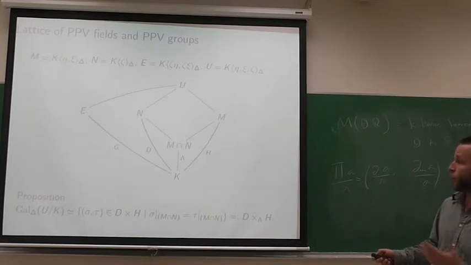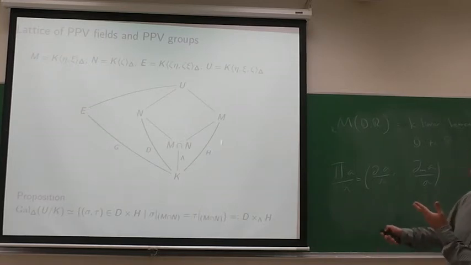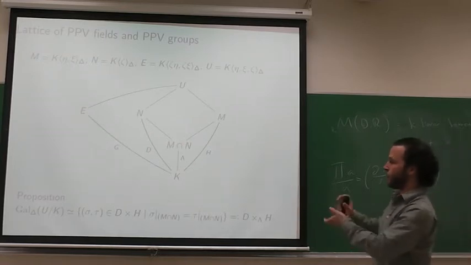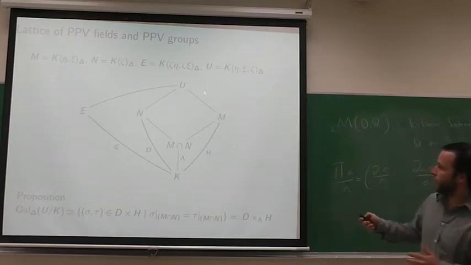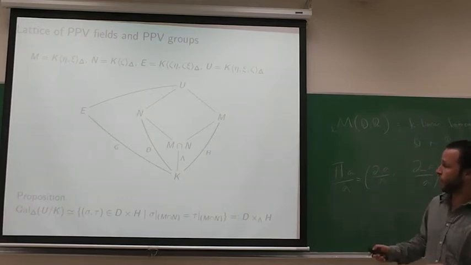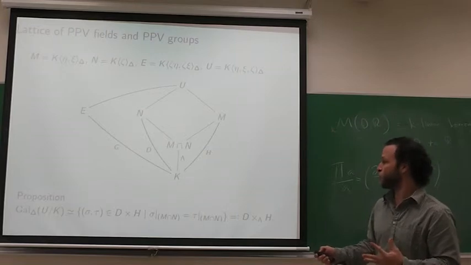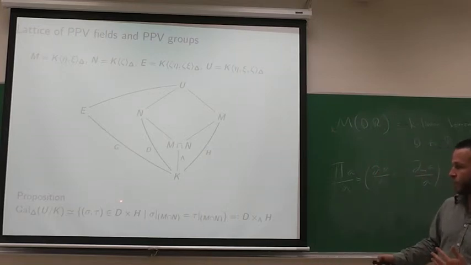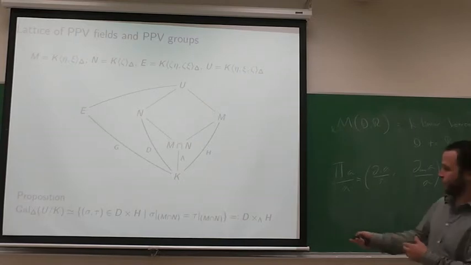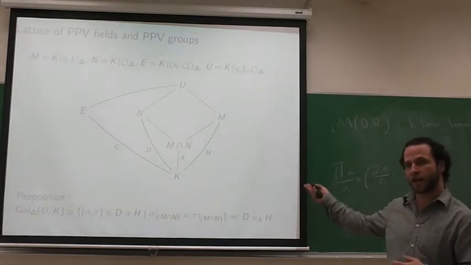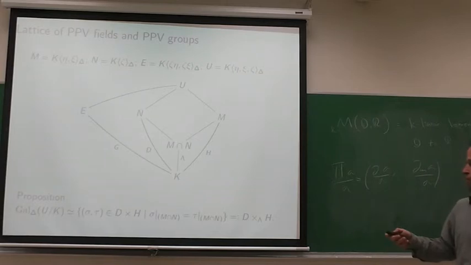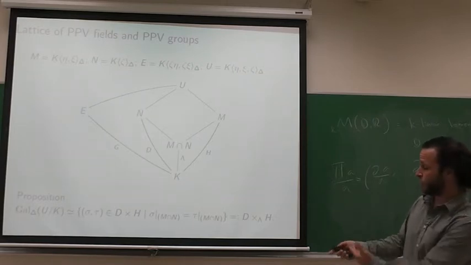So the parameterized Galois correspondence takes this diagram of fields and makes it so that the Galois group of U over K is forced to be precisely this group. This notation here is actually a fiber product in this category. That doesn't matter very much. That's what it is.